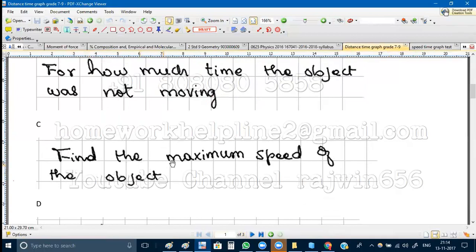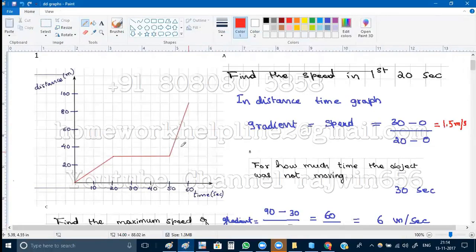The next question is, find the maximum speed of the object. You can look at the graph. Here the gradient is greater. It's more vertical than this part. So you'll find this gradient, that is going to give you the maximum speed.